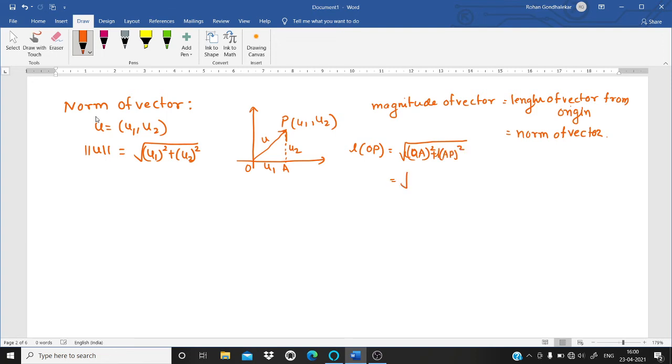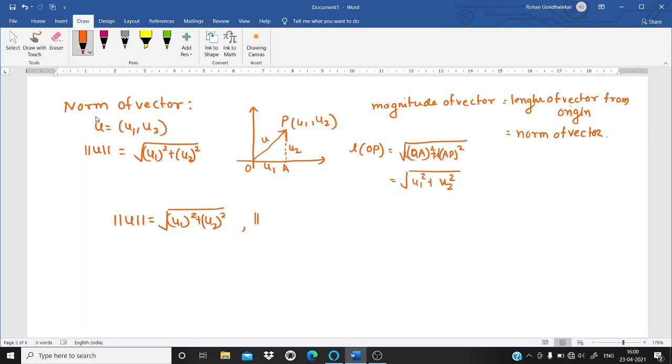So length of OA square will be u1 square plus u2 square. Is it? So hence the norm of vectors is given by square root of u1 square plus u2 square.